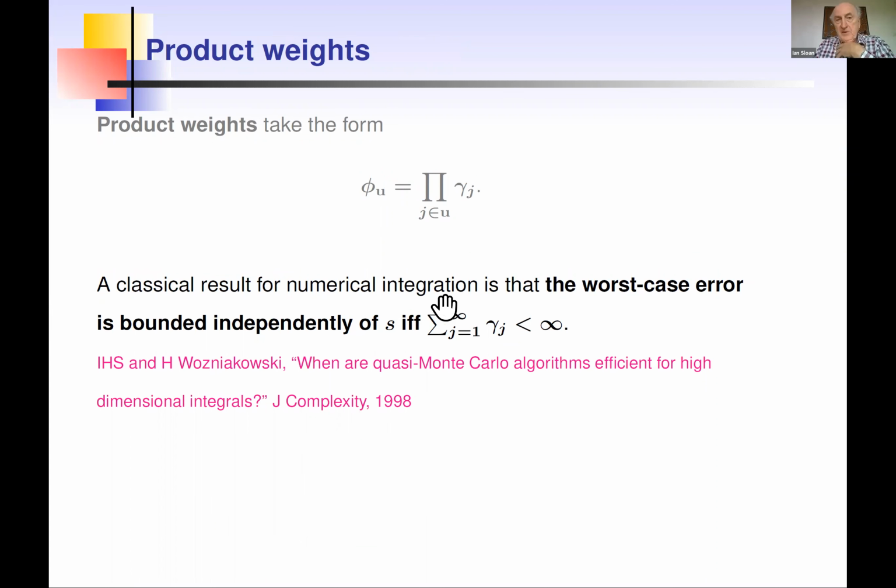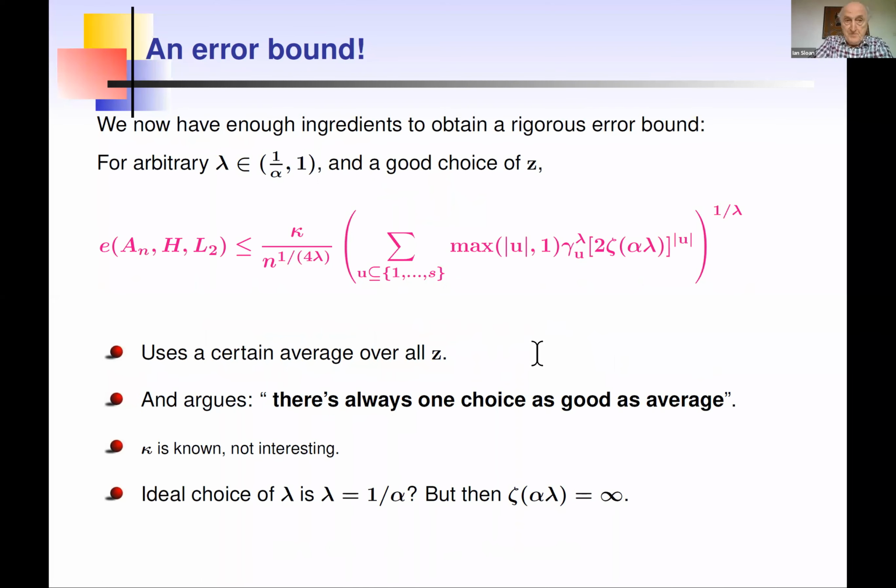A classical result, which I quote from numerical integration, is that the worst case error for integration is bounded independently of S if and only if the sum of the gamma j's is finite. That means they have to decay faster. Gamma j is 1 on j won't work, but gamma j is 1 on j squared will work. These are well-known properties: you essentially need decay, or else the problem is too hard. In some sense all variables are equally important, and typically you really can't make much progress.